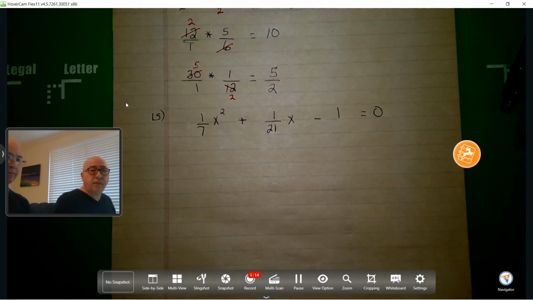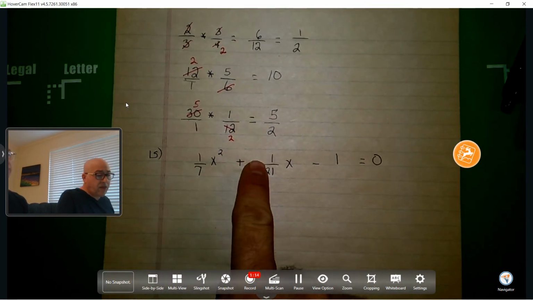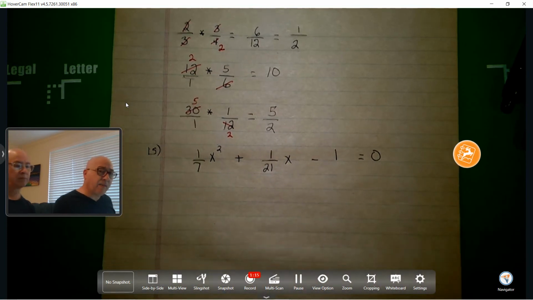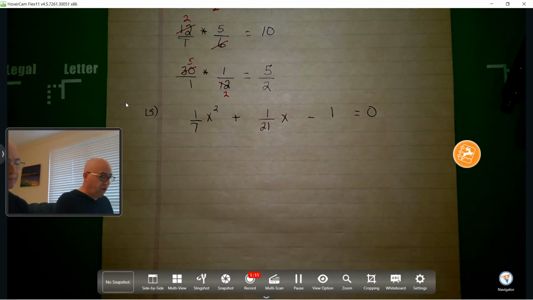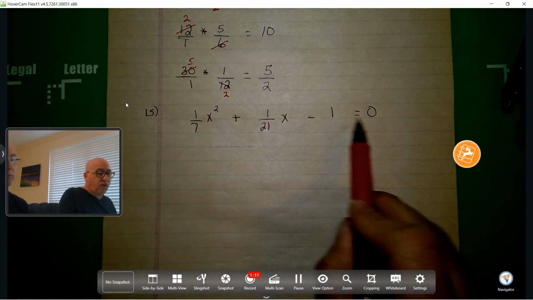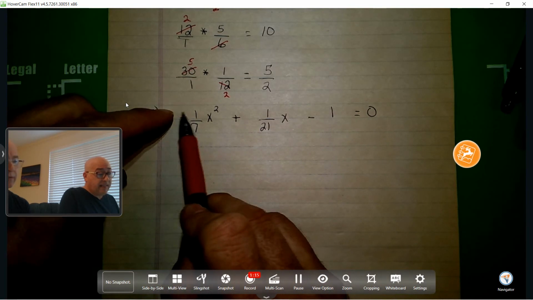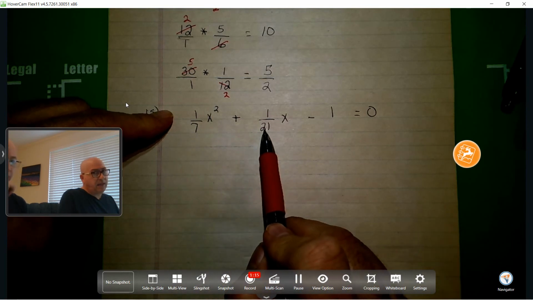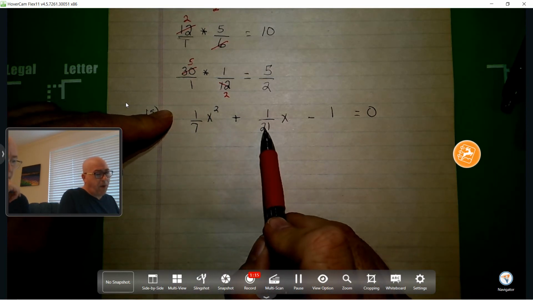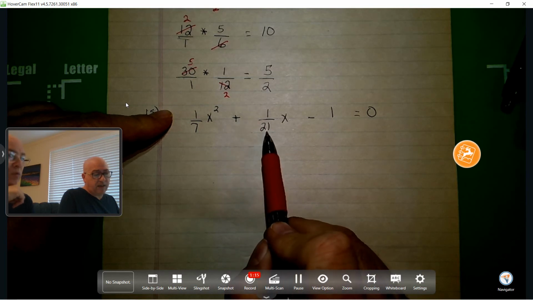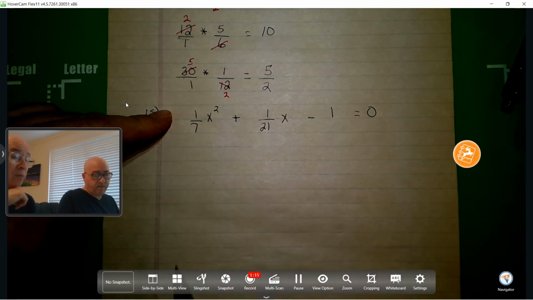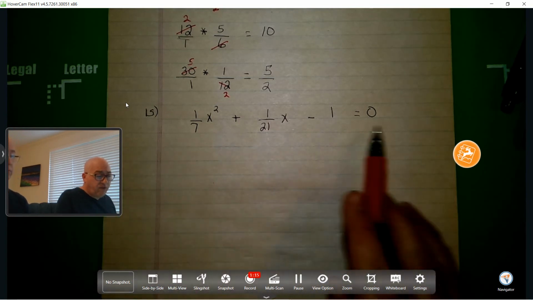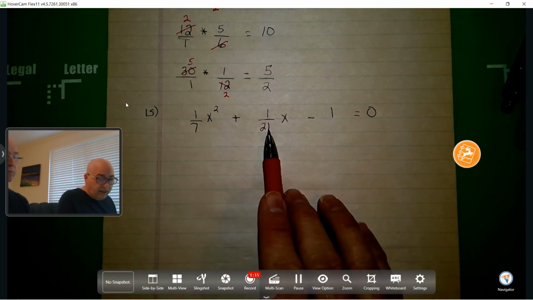I want to multiply by something that'll cancel both of those. If I multiplied through by 7, that would cancel out this 7, but it wouldn't cancel the 21. 21 divided by 7 is 3, so you'd be stuck with a 3 there. So 7 is not the number you want. What could I multiply straight through by that would get both of these to cancel?